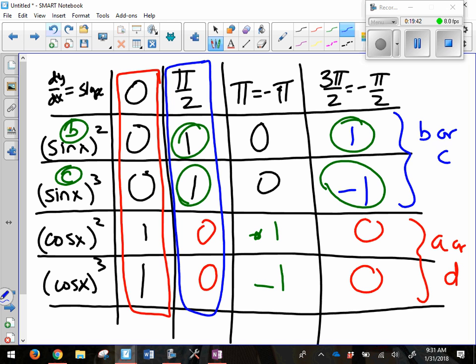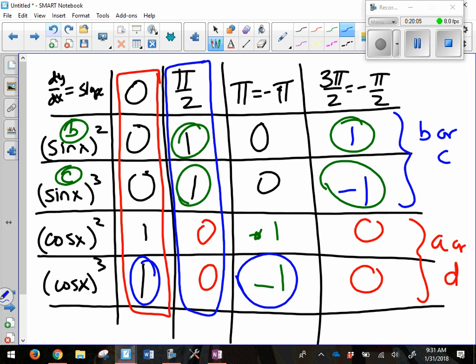And then we can do something similar when we've got cosine x quantity cubed. The sign of the slope changes between the origin and a little farther on. So if we look at A and D, which one has the slope being the same?